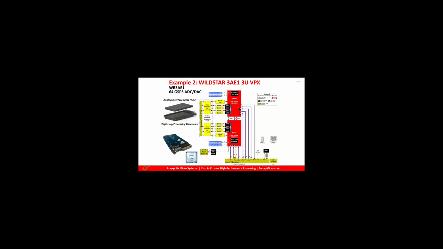And then this also has the ability to plug in what we call an analog interface mezzanine card. So you can plug in different kinds of analog filtering or tuning if necessary on top of this card and still fit within the 3U VPX space.